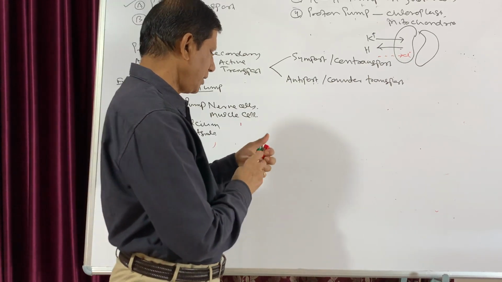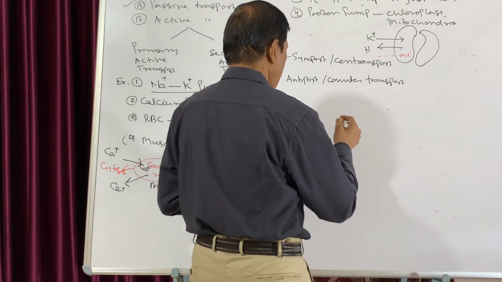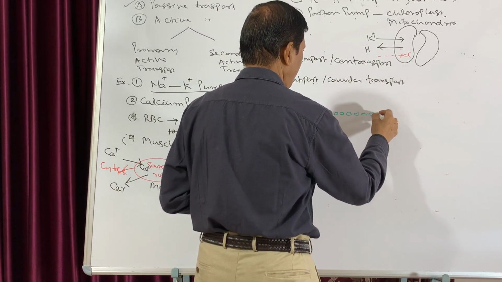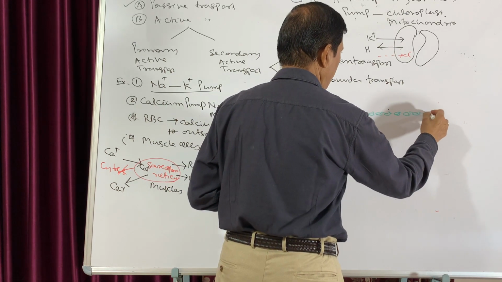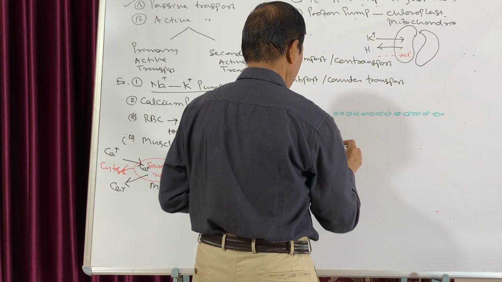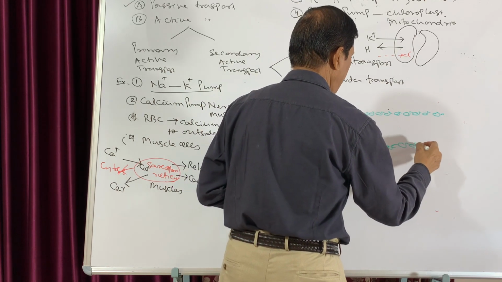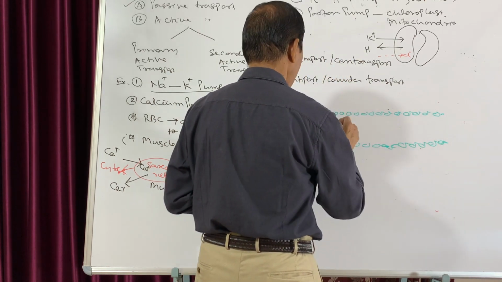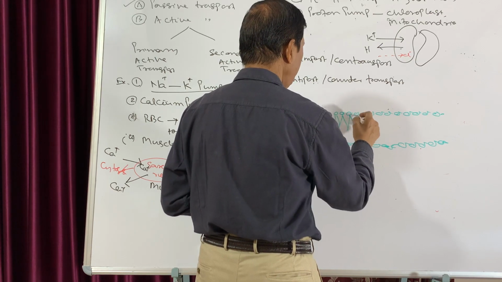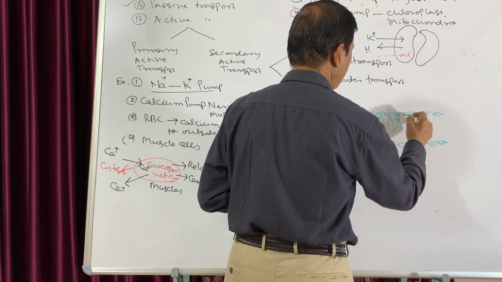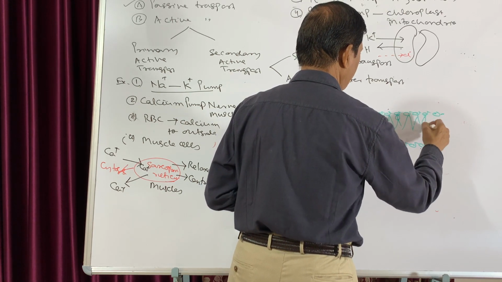Now, let us draw a diagram. Suppose this is one cell membrane, and these are the phospholipids.